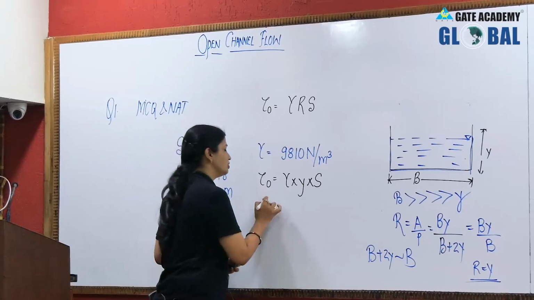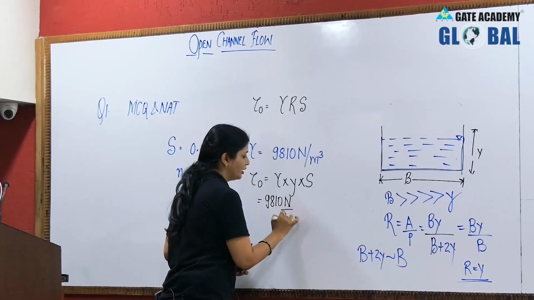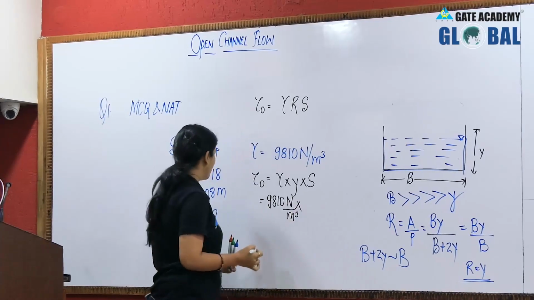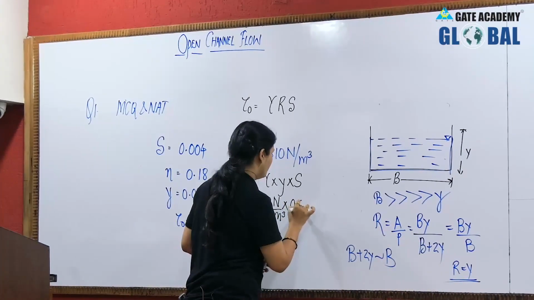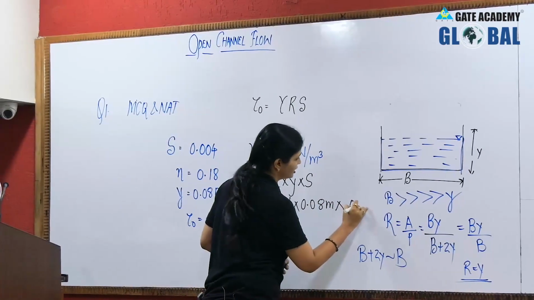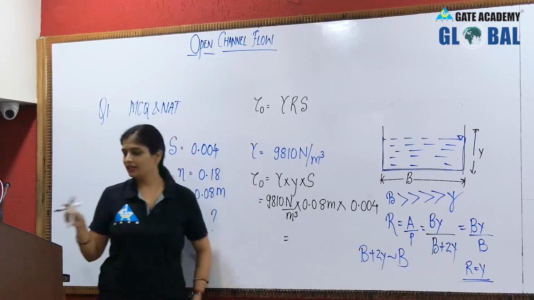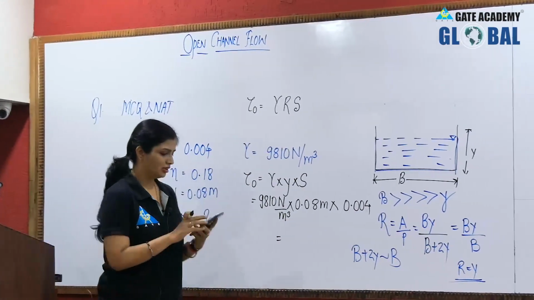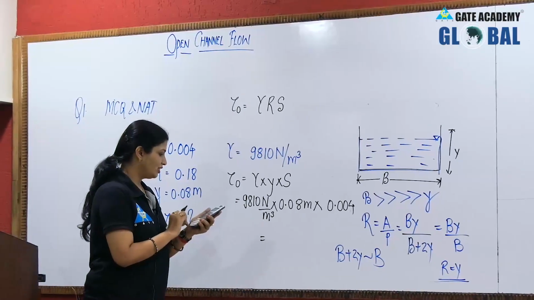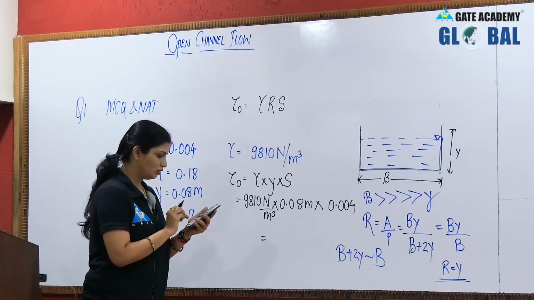So now gamma is equal to 9810 Newton per meter cube. Y, your depth of flow, is given 0.08 meter and slope is given to you as 0.004. Fine. So from here you can solve 9810 into 0.08 into 0.004.